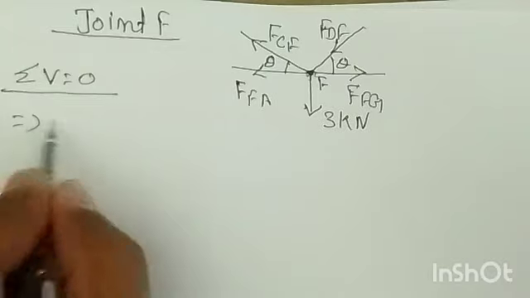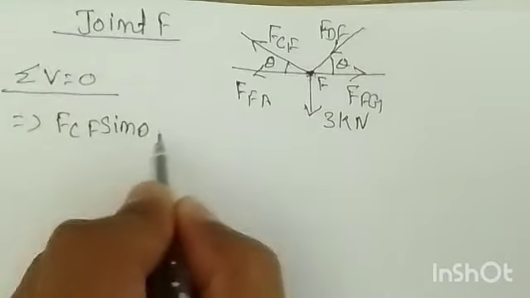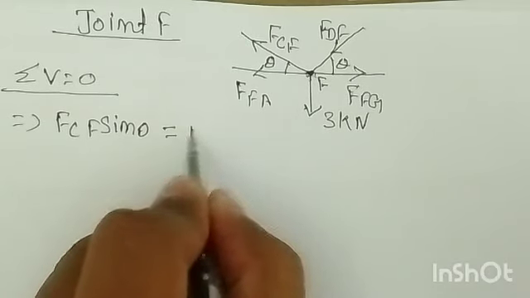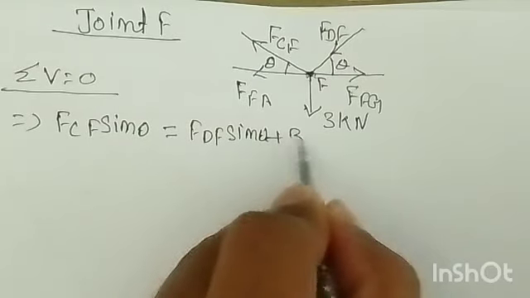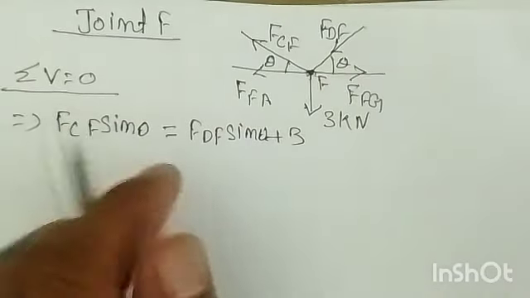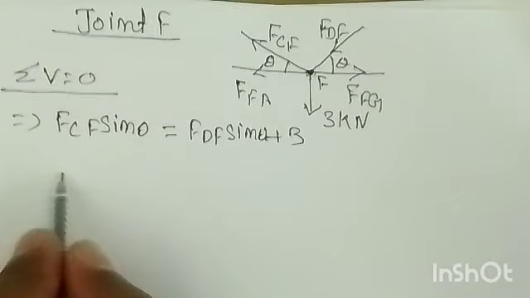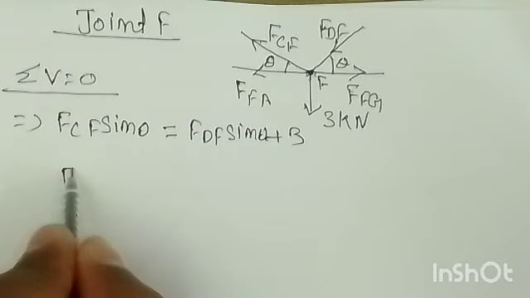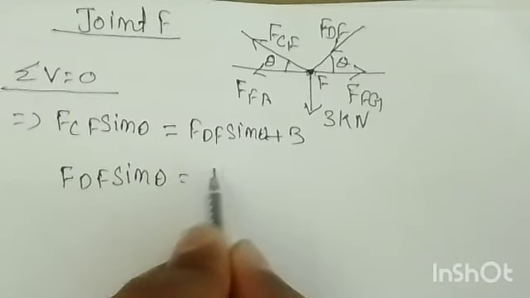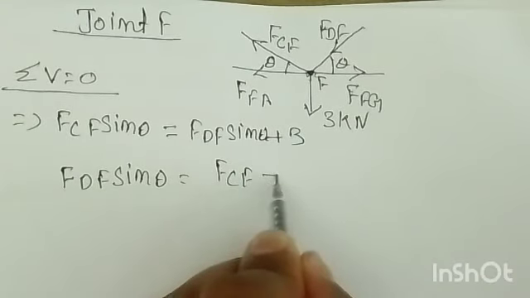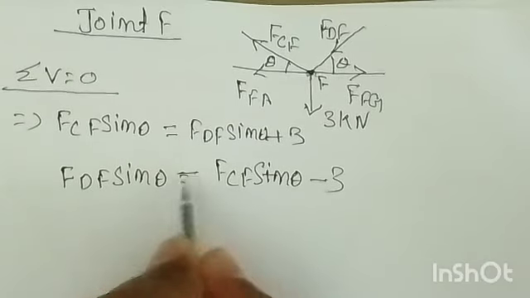So what is that? FCF sin theta, the vertical component, is equal to FDF sin theta plus 3, right? So we need to find out DF. So FDF sin theta is equal to FCF sin theta minus 3, right?